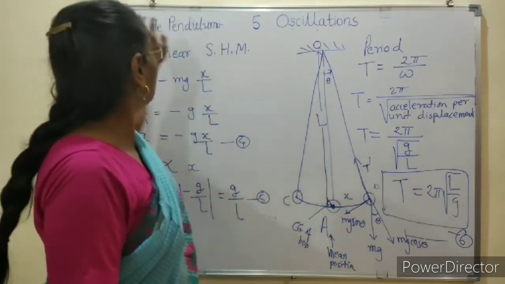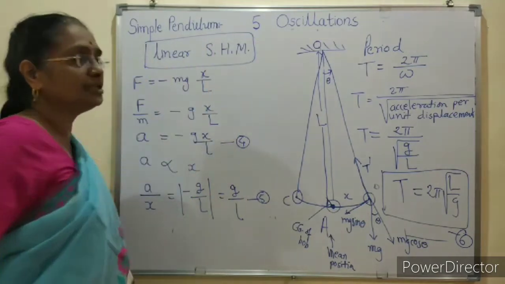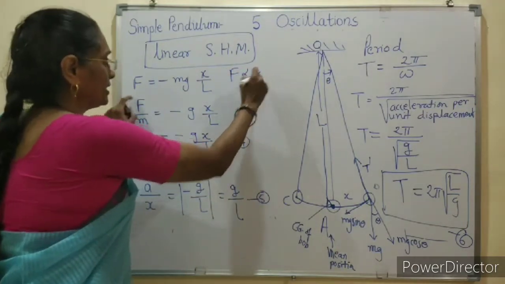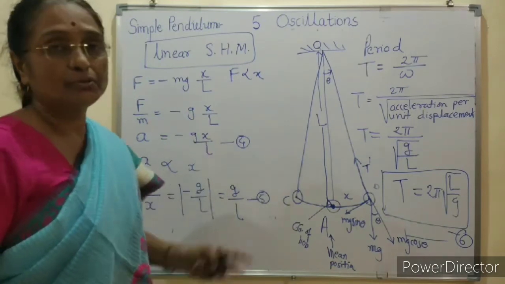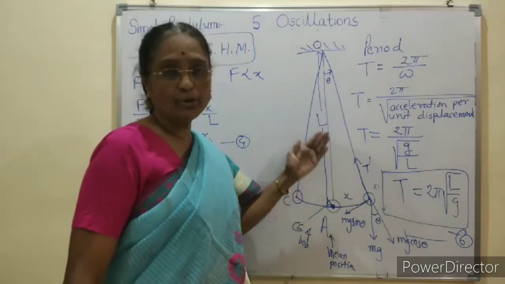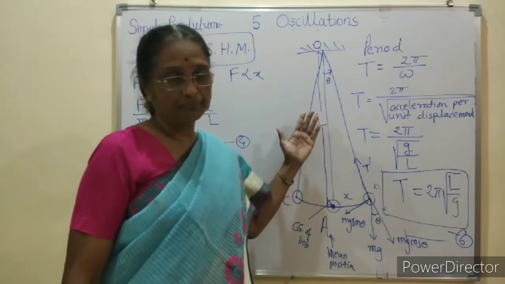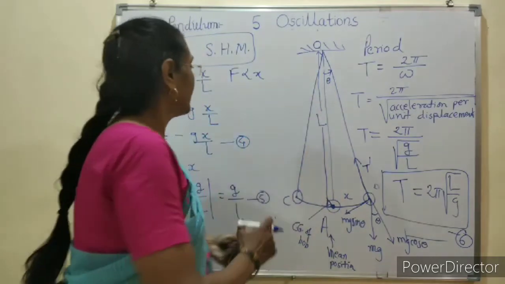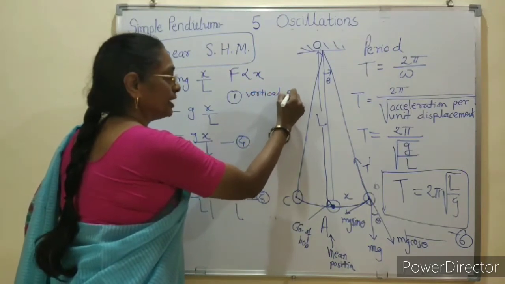So in the first part of the study of simple pendulum, we have shown that its motion is linear simple harmonic motion, because force is directly proportional to x, acceleration is directly proportional to x. For that we have assumed that the motion of pendulum is in vertical plane, only one vertical plane. Angular amplitude is small. So I can write here the assumption. So the motion is in vertical plane.